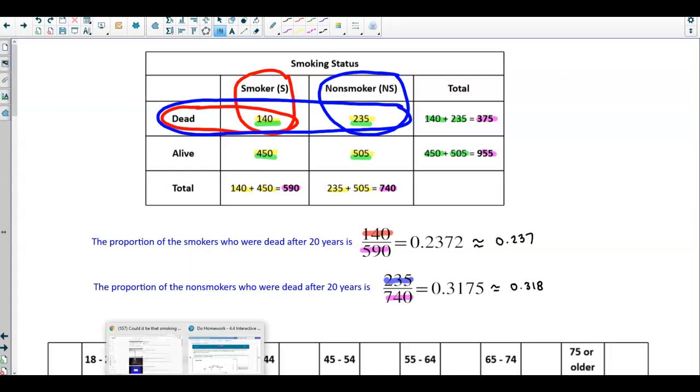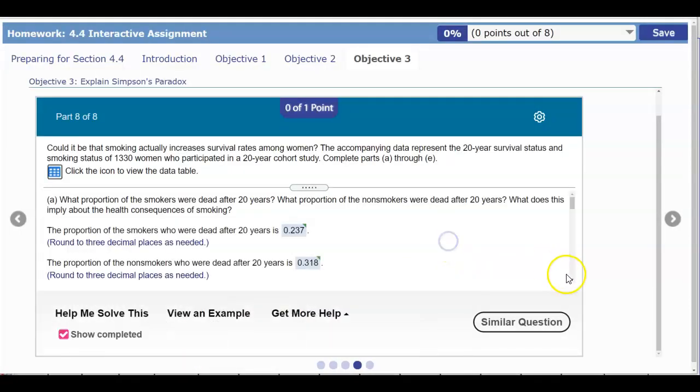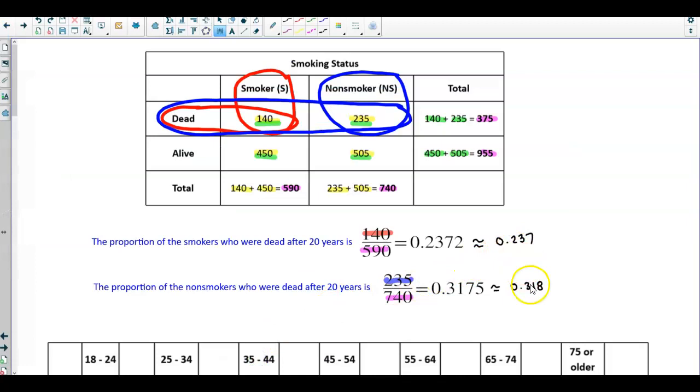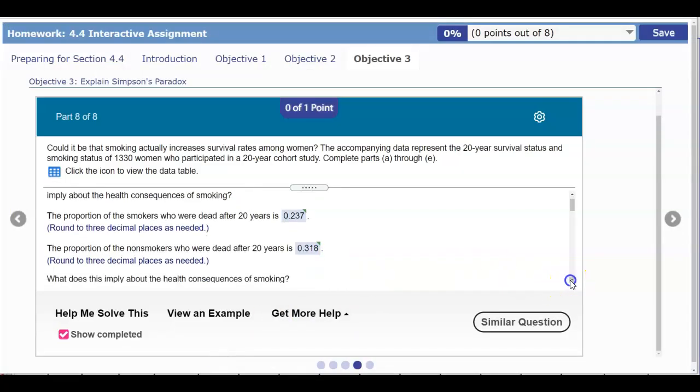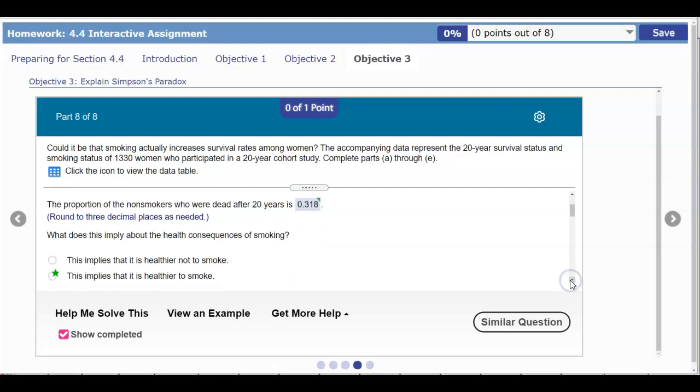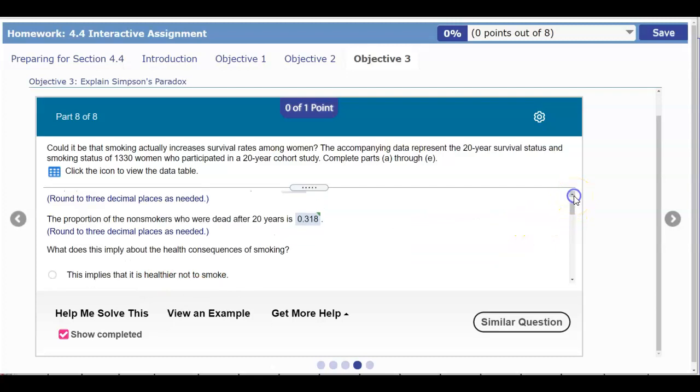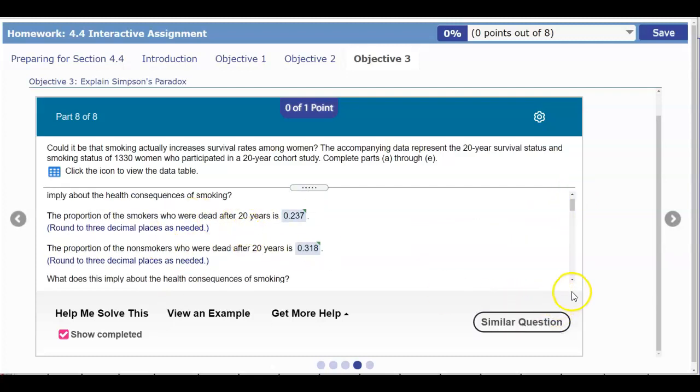So let's put our answer in here: 0.237 for the first one and 0.318 for the second one. Now, what does this imply about the health consequences of smoking? Well, this implies that it is healthier to smoke according to the information given.